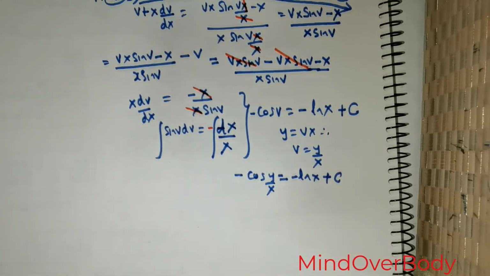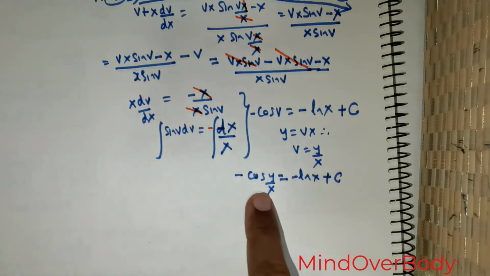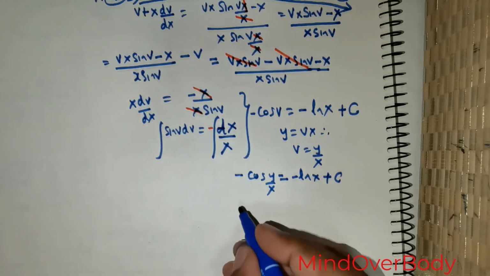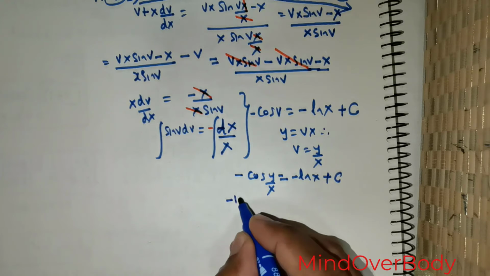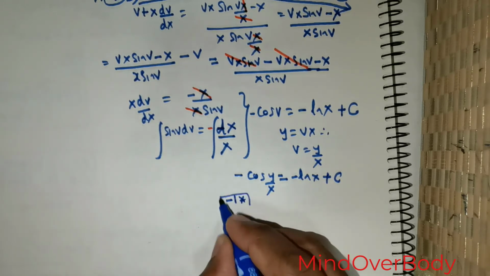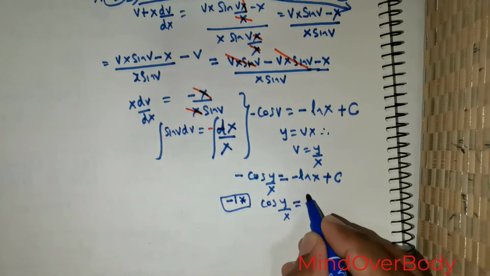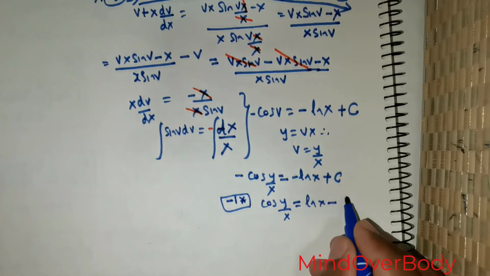See, now what I can do is I can get rid of this negative sign. So if I were to get rid of this negative sign, I need to just multiply by negative, right? So multiply by negative 1 all through. So this is going to be cos of y over x is equal to ln x negative c.